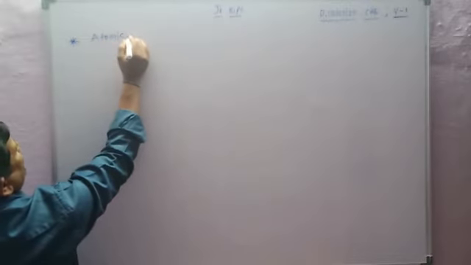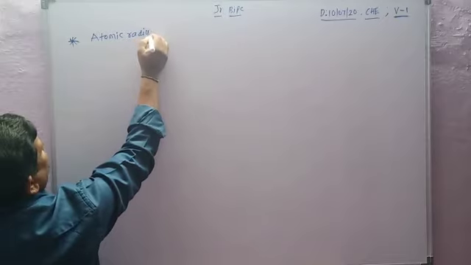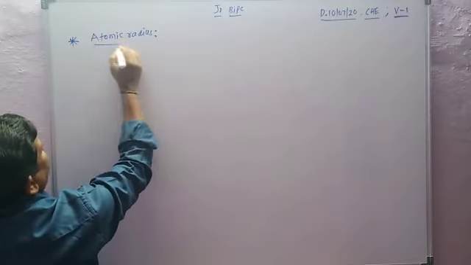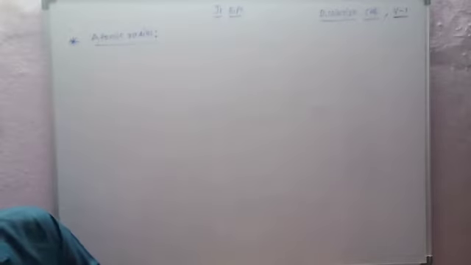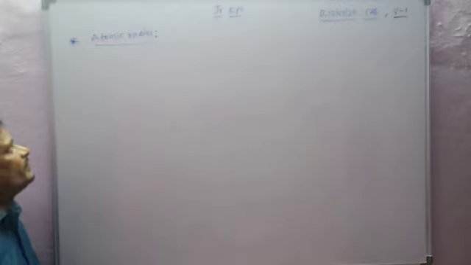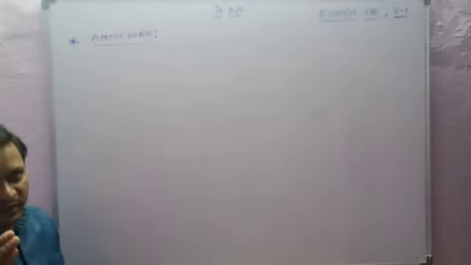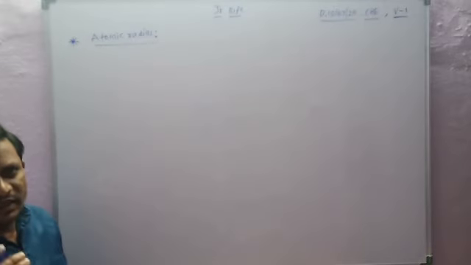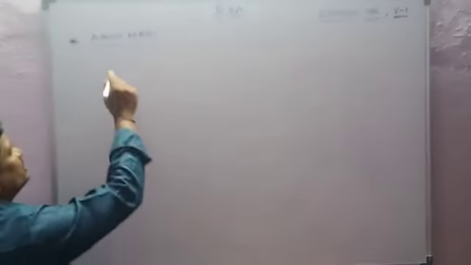It is the first periodic property of the elements. What is atomic radius? Simply, the distance between the center of the nucleus and the outermost shell.